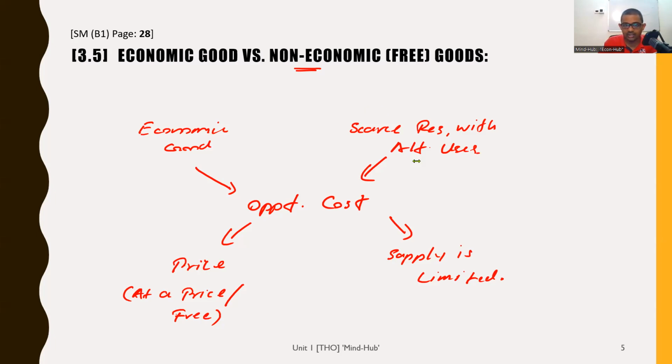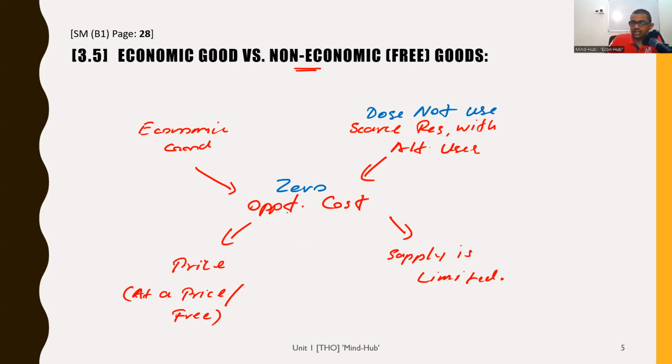So when something is a non-economic good, one of the very first things that should come to your mind is that it has basically zero opportunity cost. Why does it have zero opportunity cost? Because it does not use scarce resources with alternative uses.